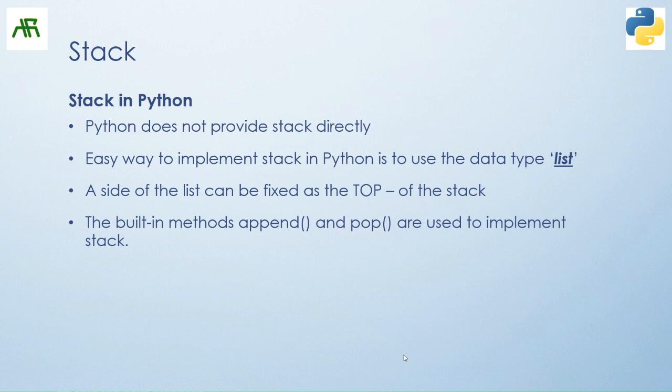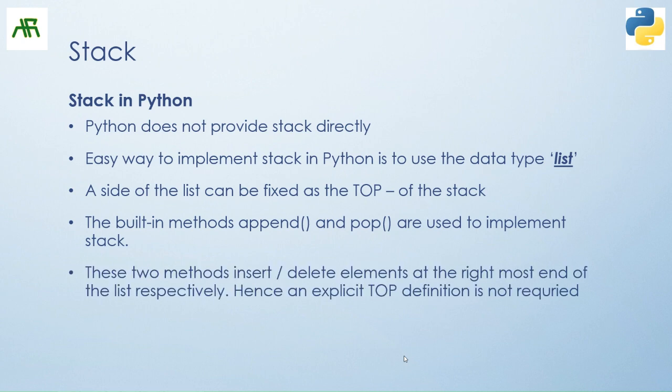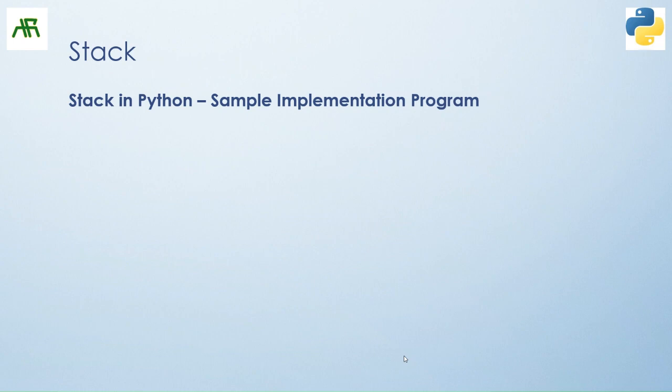Pop takes out an element from the data structure. So these two can be used to implement a stack. These two methods insert or delete elements at the rightmost end of the list, respectively. Hence, an explicit top definition is not required.